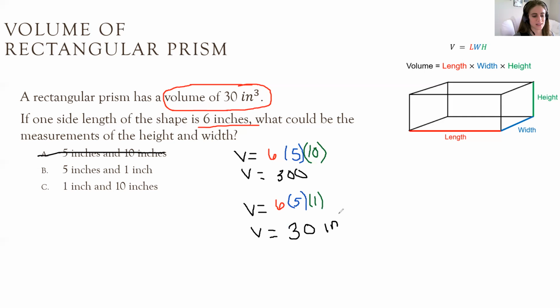It is. That means B is our answer because option B with the side lengths of 5 inches and 1 inch will result in this volume. And of course, if you wanted to triple check your work, you could go ahead and try the other 2 answer choices to make sure that you didn't have any miscalculations.